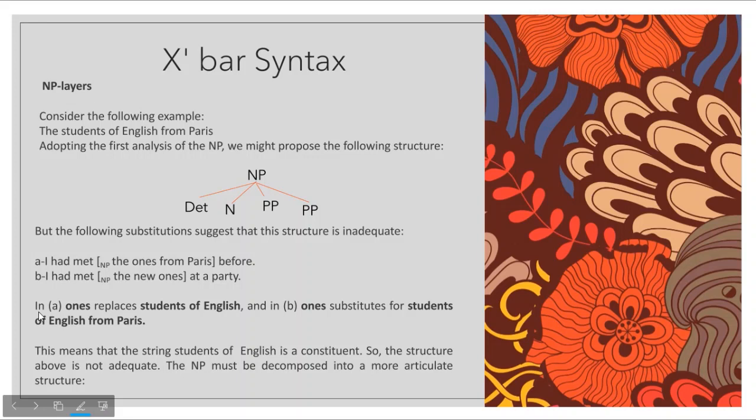We have an example. Consider the following example: the students of English from Paris. Adopting the first analysis of the NP, we might propose the following structure, using PS rules. Okay. We have an NP, this whole thing is an NP, with the student, N, of English the first PP, and from Paris the second PP.